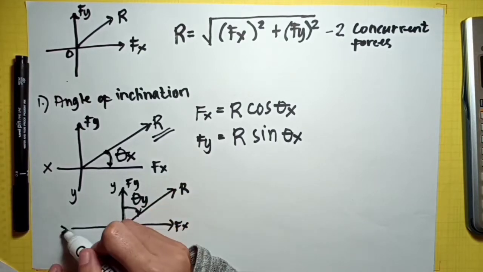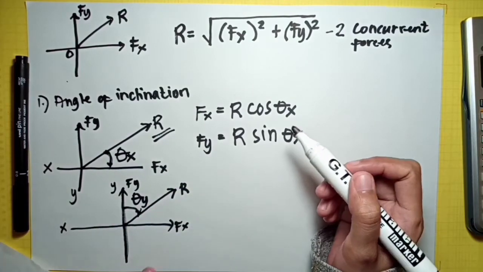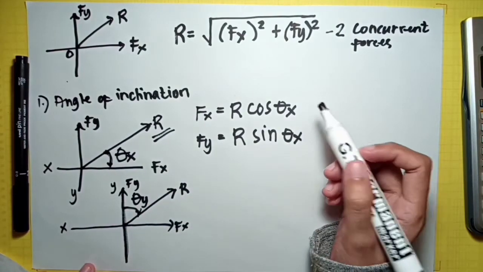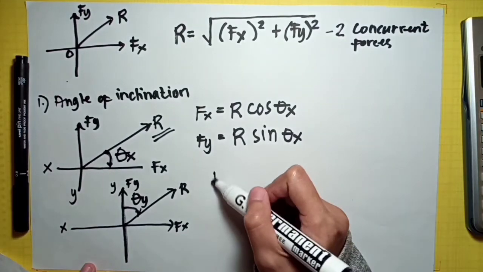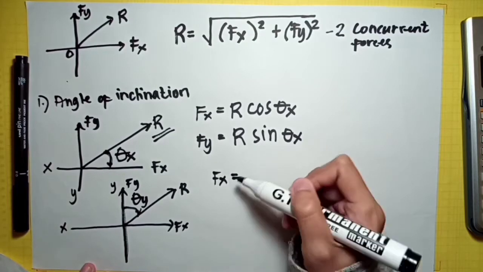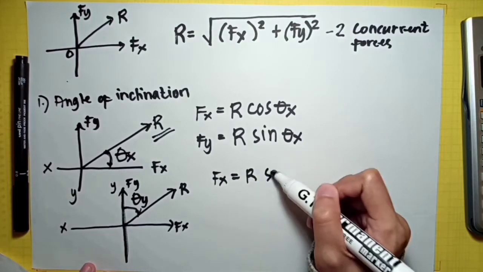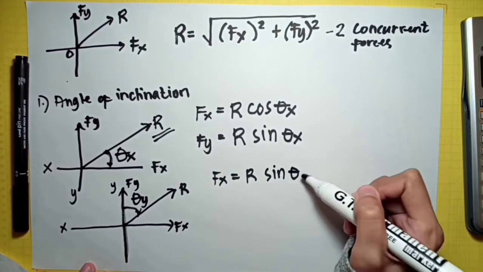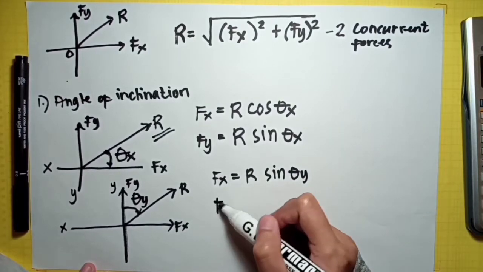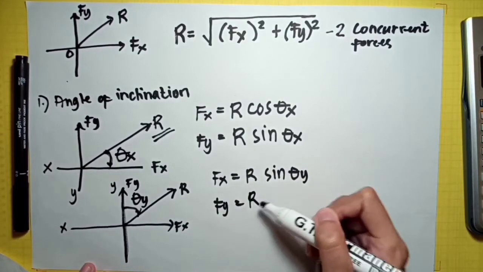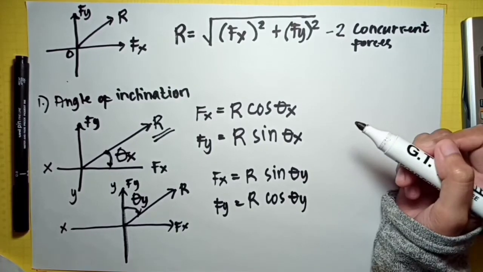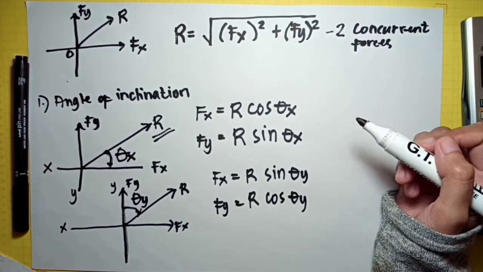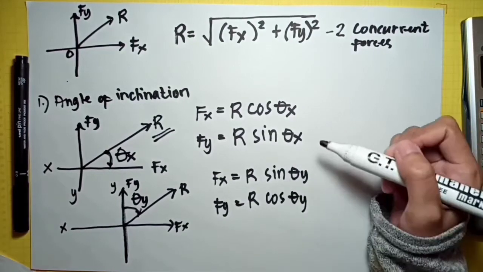Ito ang y, ito ang x-axis. So, ngayon, may iba na ang formula ng f sub x and f sub y. So, to find f sub x, magiging r sine theta y, and f sub y magiging r cosine theta y. So, yan ang bagong formula ngayon kapag maiba ang pwesto ng angle.